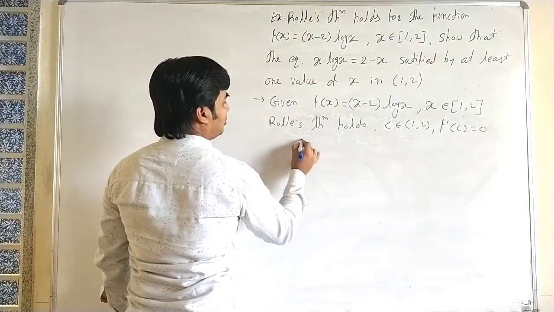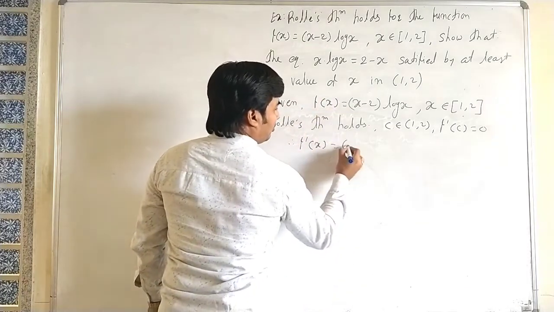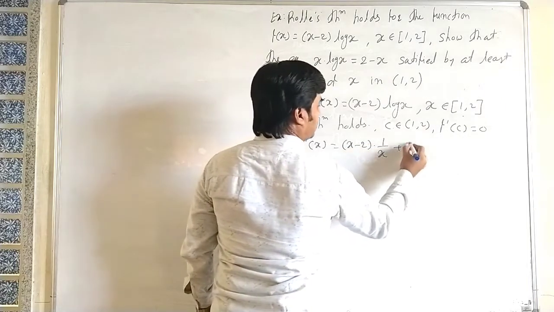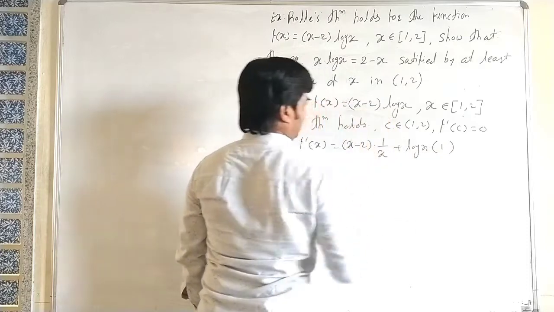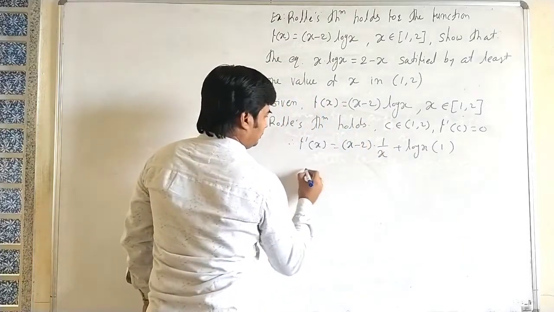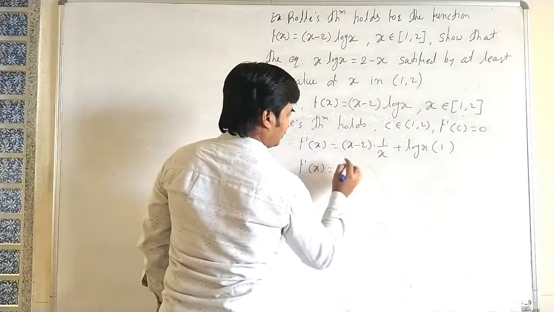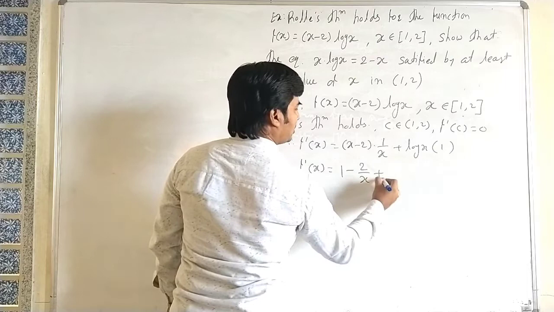Therefore, we find f dash of x. Here it is first as it is into derivative of second plus second as it is into derivative of first. Then f dash of x is equal to 1 minus 2 by x plus log x.